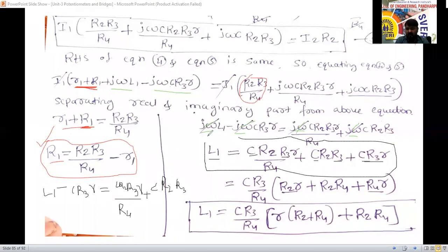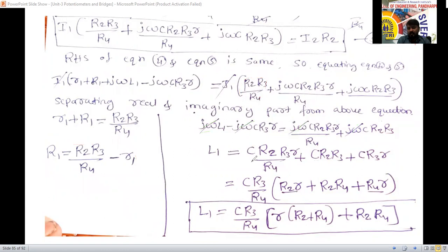And if we want to simplify a bit more, then take C R3 outside here. Taking C R3 divided by R4 common, C R3 and R4 both go outside. What is the left term here now?